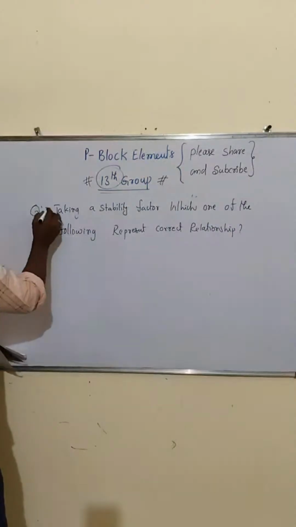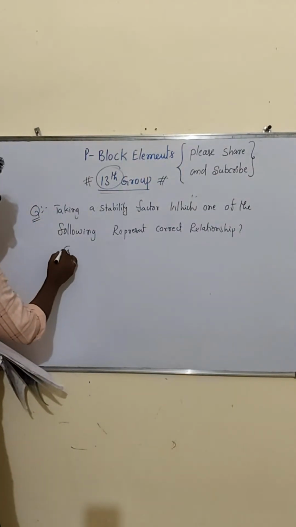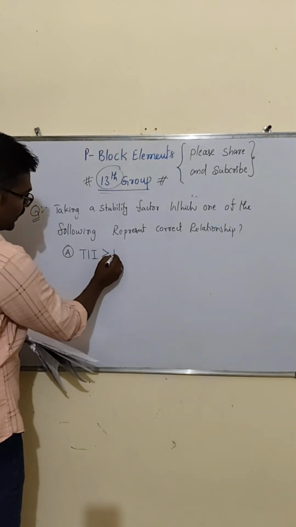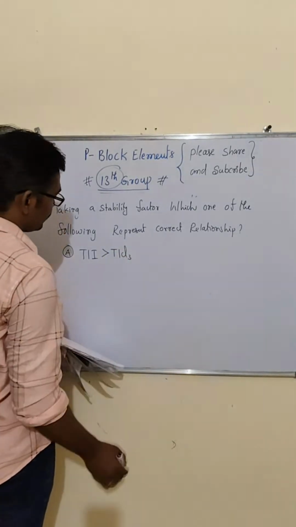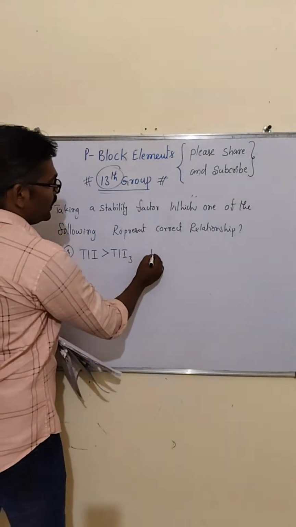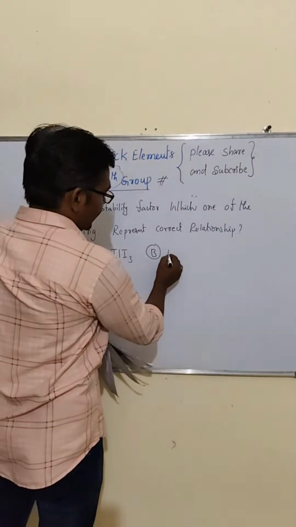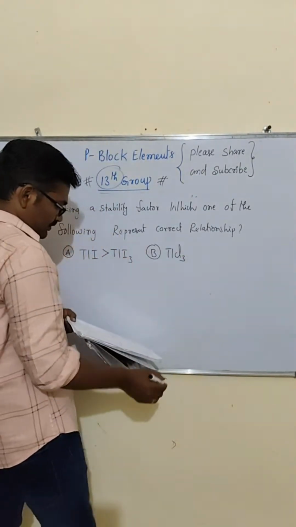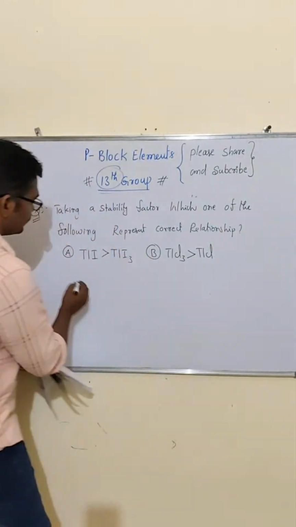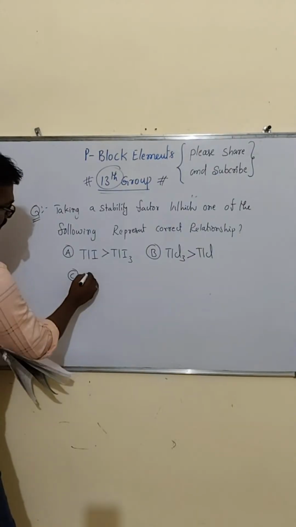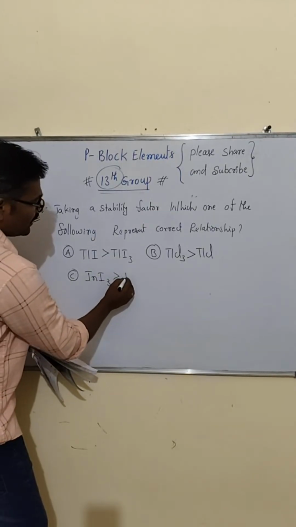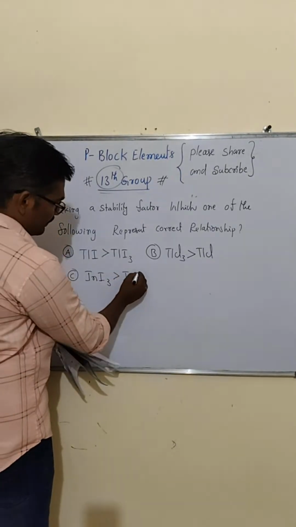So look at, orders are given. A is mentioned: TlI3 is greater than TlCl3. Then B is mentioned: TlCl3 is greater than TlCl. Then C: InI3 is greater than InI.